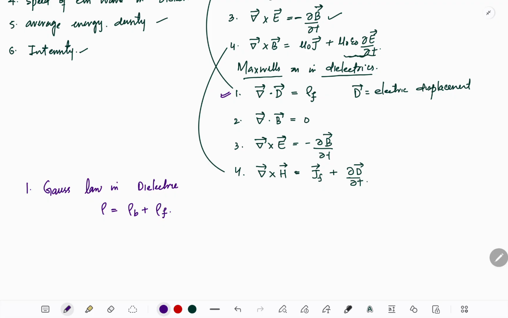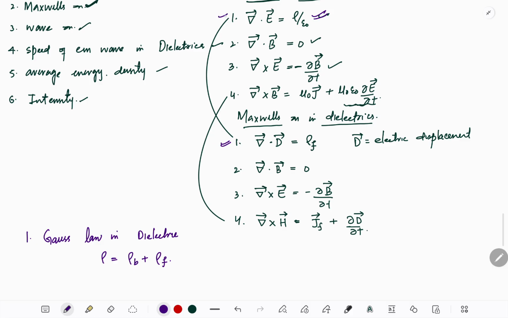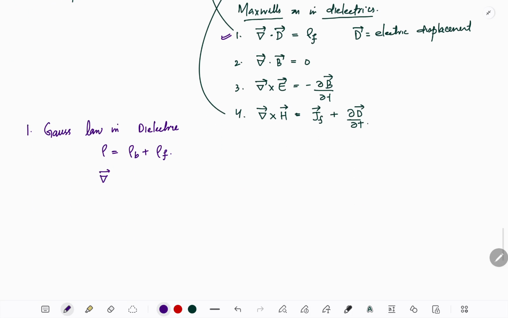If we apply this equation, del dot of E equals rho by epsilon 0, and I replace rho with this, so del dot of epsilon 0 E equals rho b plus rho f. I hope you know rho b is minus del dot of P, where P is the polarization.